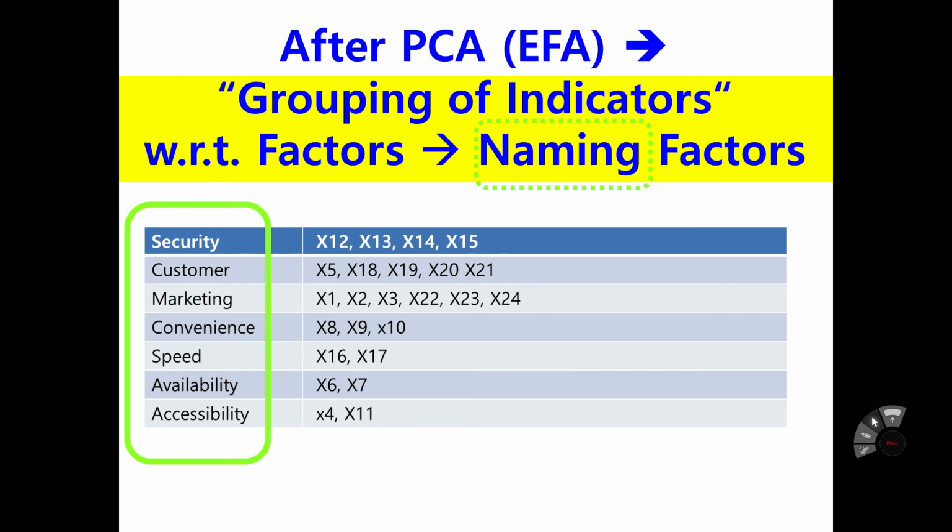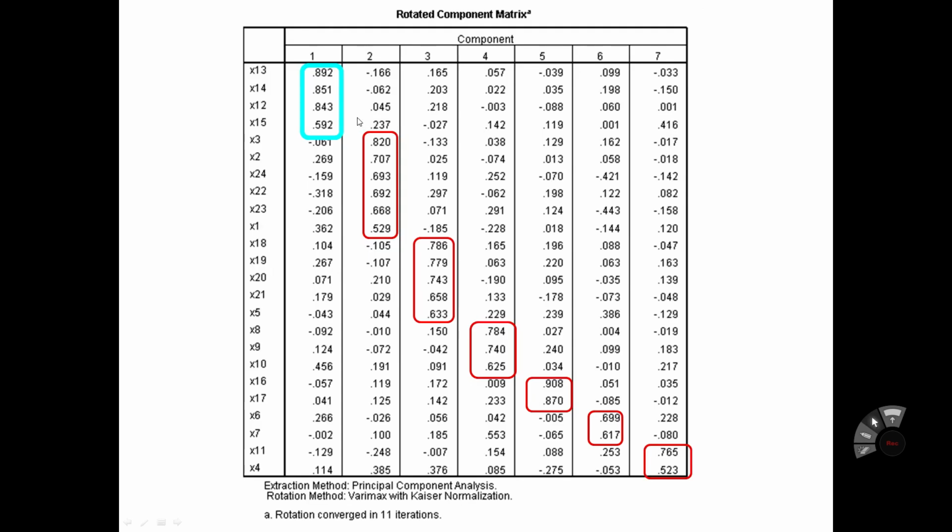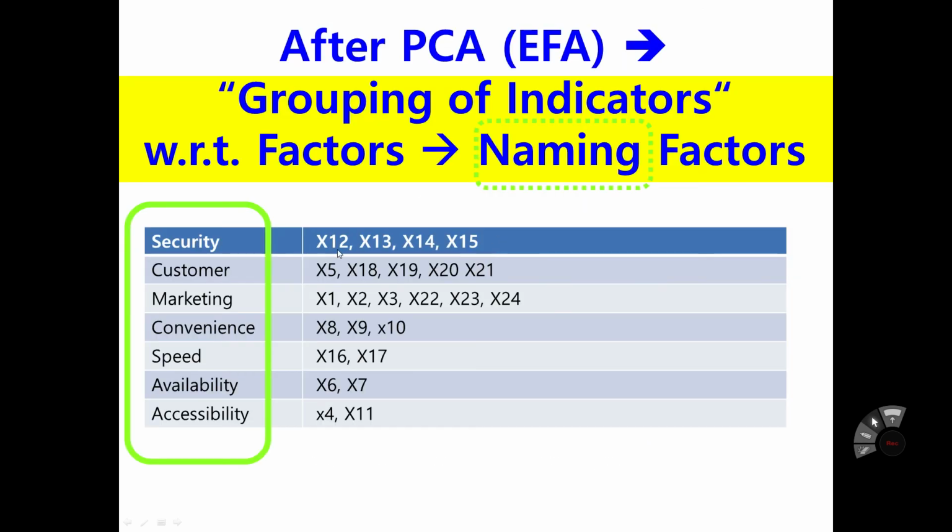After that, we can finish groupings, and then we can name. For example, the first factor, as we have already discussed, x12, 13, 14, 15, will be the first factor extracted from the designated 4 variables, 12 up to 15.